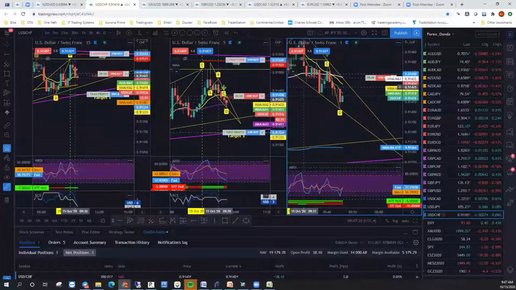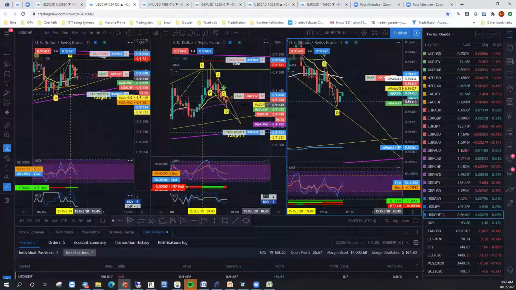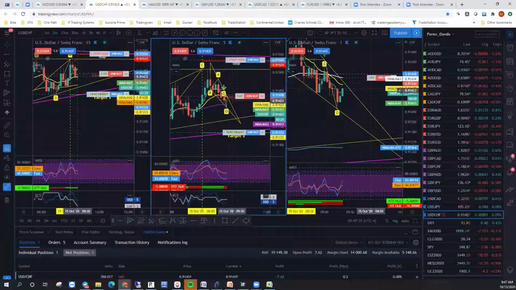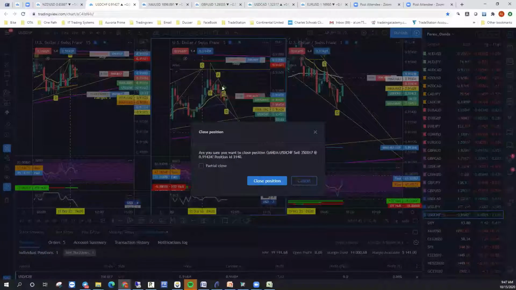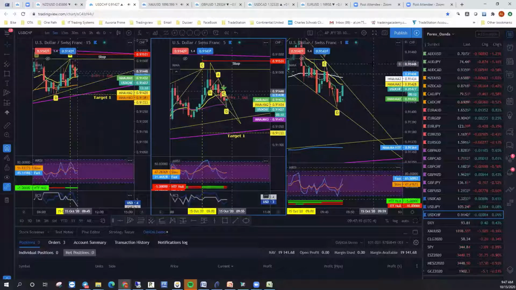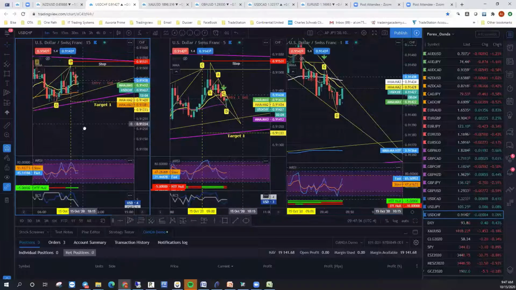Right now it's below, but the moving averages are not quite right here. We have a bounce coming in off of the 62 on the 5-minute. I don't like that part. On the Swiss, yeah, I'm seeing that. I'm going to close that position out. I didn't notice that before.